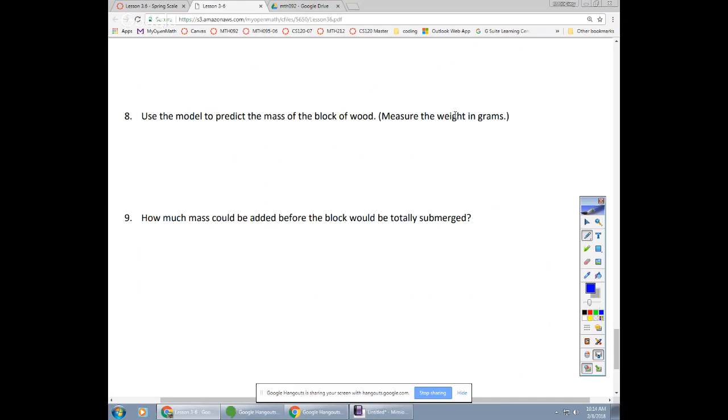be 0 then? There you go. On 9, would you put that, would you put 0 equals?